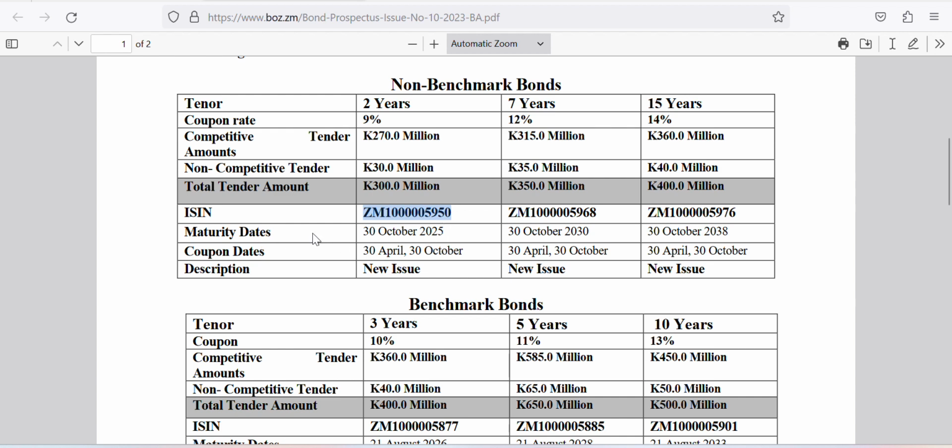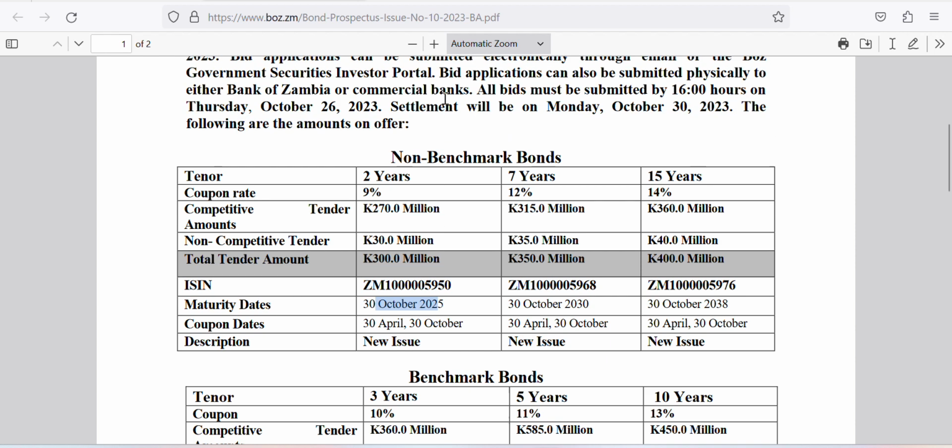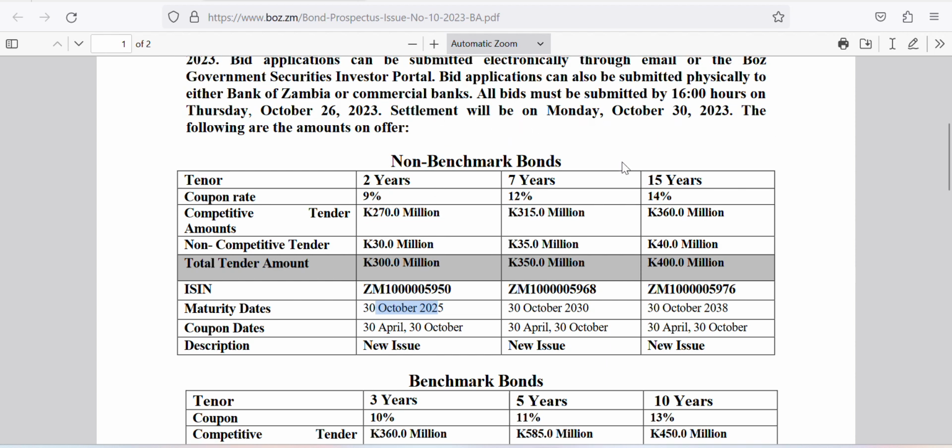So if you notice, this maturity date is exactly 2 years from the settlement date. This maturity date here is exactly 7 years from the settlement date.